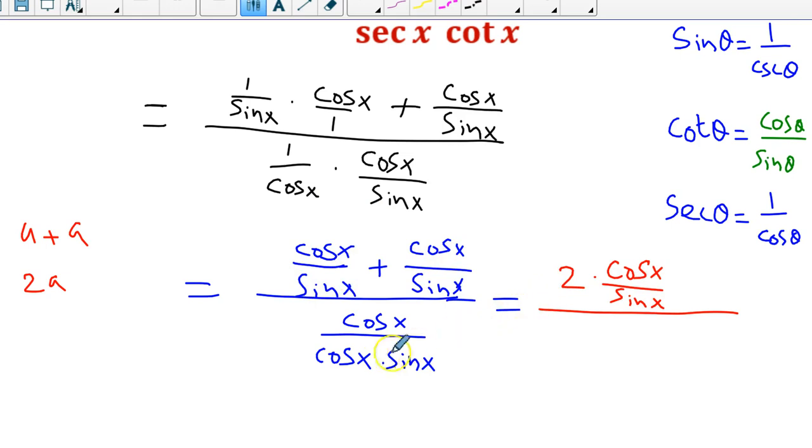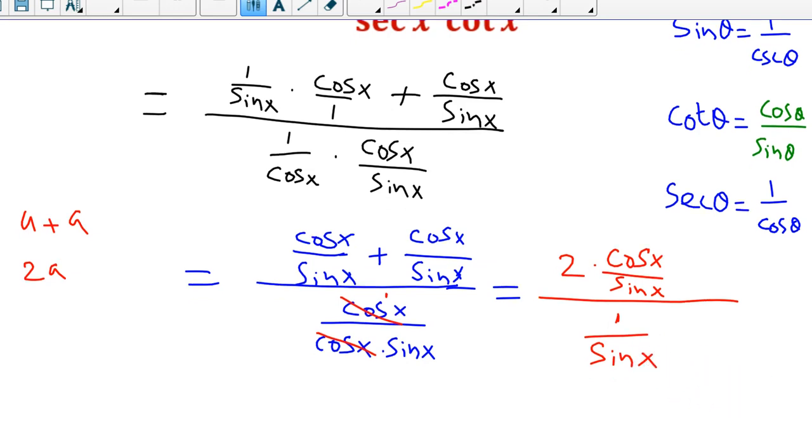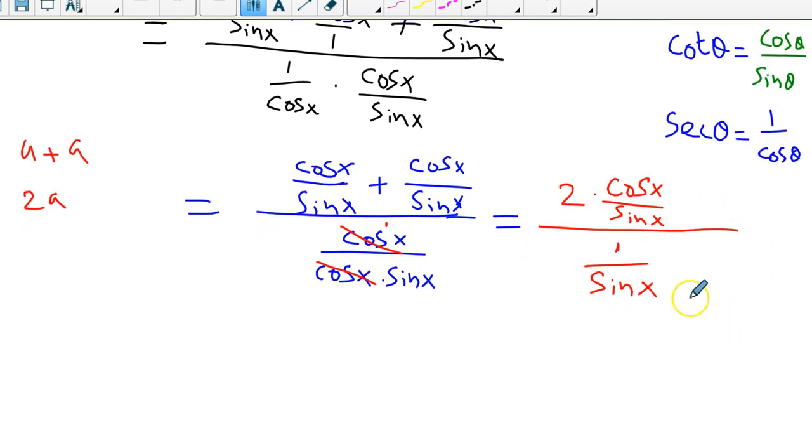And in the denominator, we are saying that the denominator is a fraction. In that fraction, the numerator is cosine x, denominator also cosine x. So that cancels one time here. So I'll write 1 over sine x. Okay, we are almost there. Now what happened? In this big fraction, the numerator is a fraction whose denominator is sine x, and in the same way the denominator's denominator also sine x.